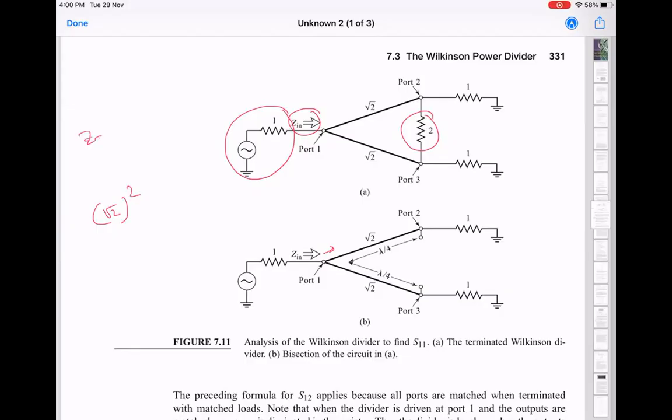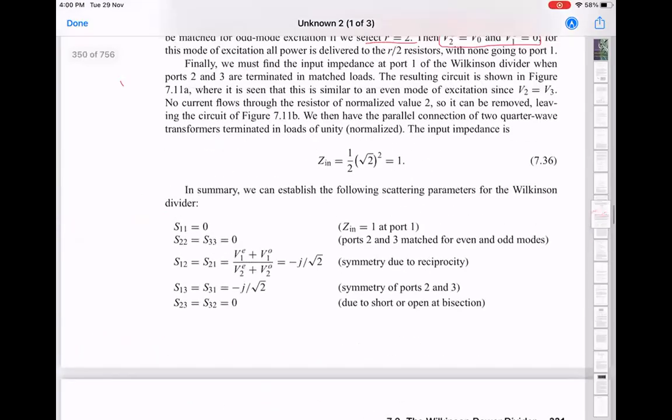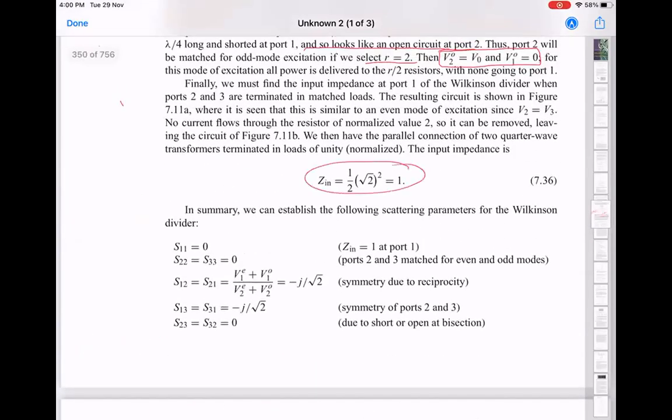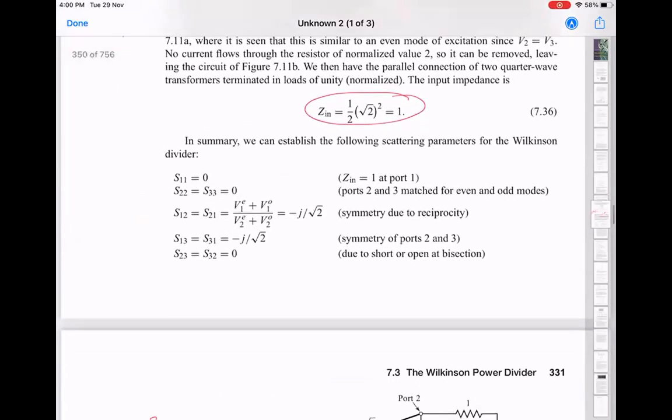Z transformer squared is Z1 times Z2. So yes, √2 squared over 1. And this one is also going to be √2 squared over 1. So this is basically 2, and that's also 2, and they are in parallel. So you get the total as 1. So that's what's calculated here. Zn is this one.